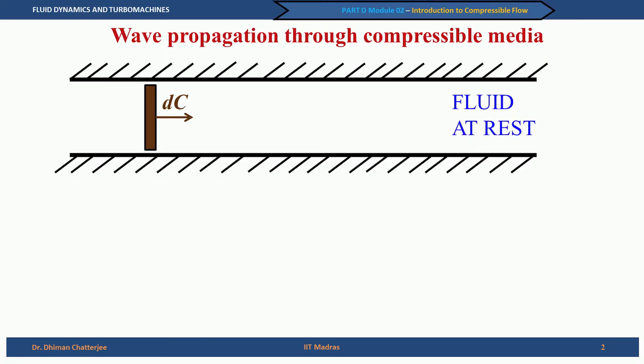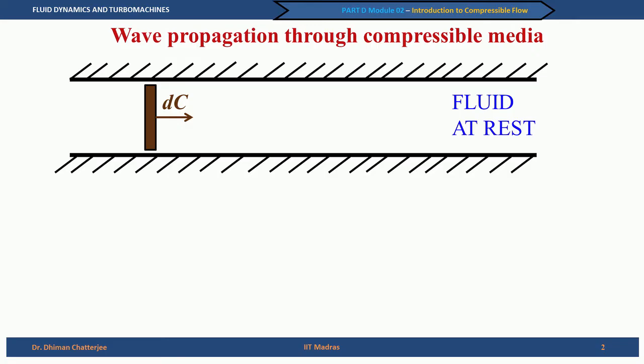Now, if this medium had been an idealized incompressible medium, the moment the piston is set into motion with this dc, this disturbance would have propagated through the entire fluid, and the entire fluid would have been in motion. But because it is a compressible medium, the fluid far away from the piston will still be at rest.